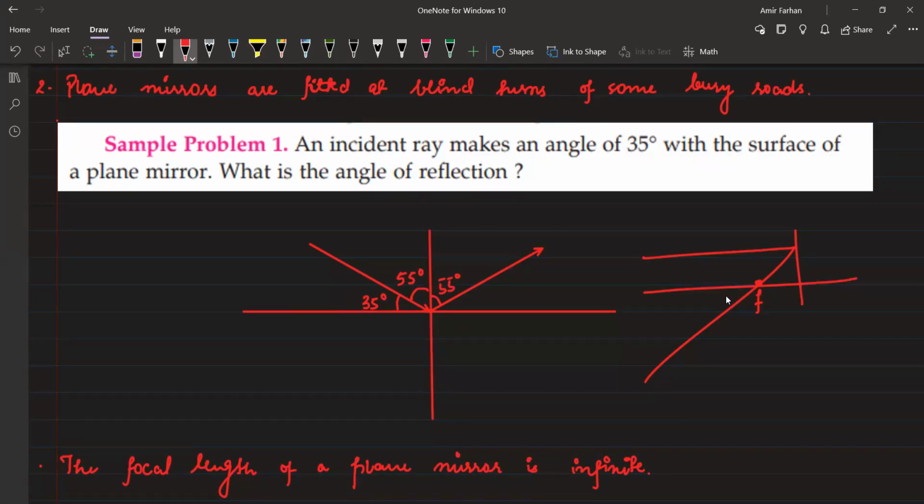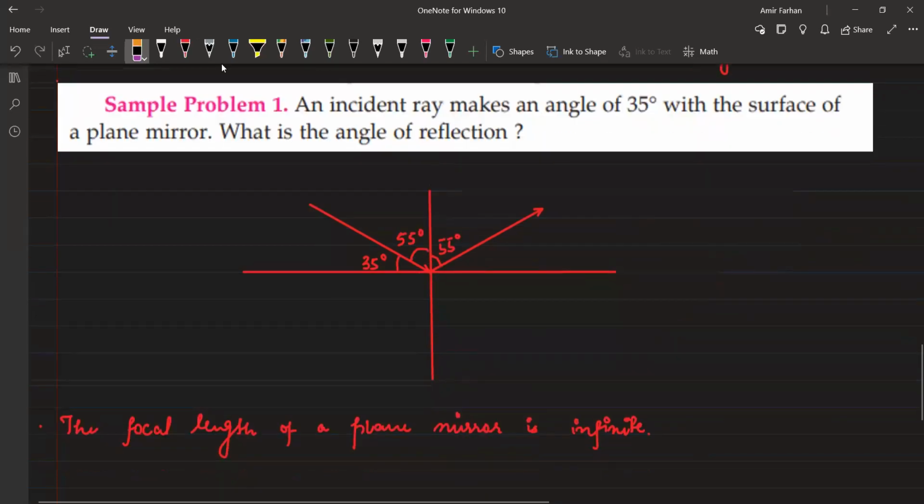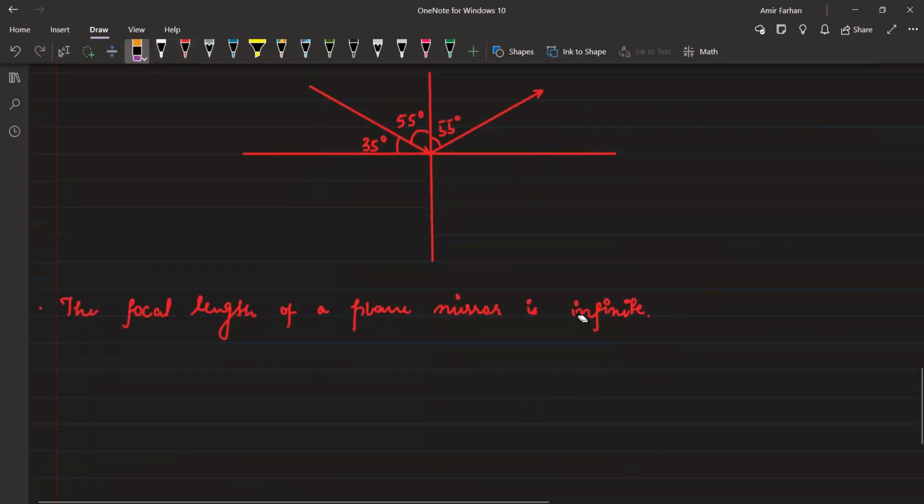This length from the pole is called focal length, and this point is called focus. Clear? Yes, sir.